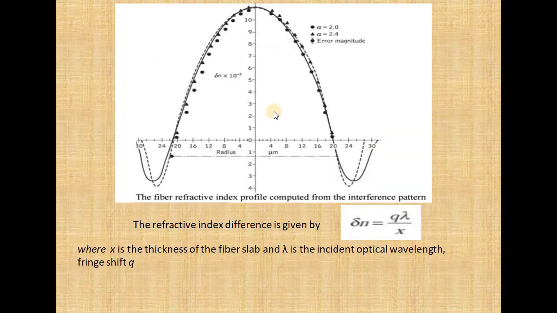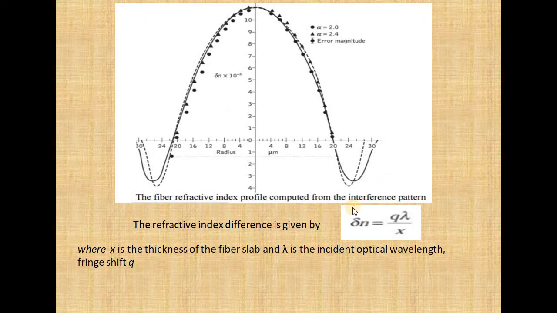In the refractive index profile computed from the interference pattern, the x-axis denotes the core radius and the y-axis denotes the refractive index difference. The fringe displacement is measured using the reference parallel fringes outside the fiber core.